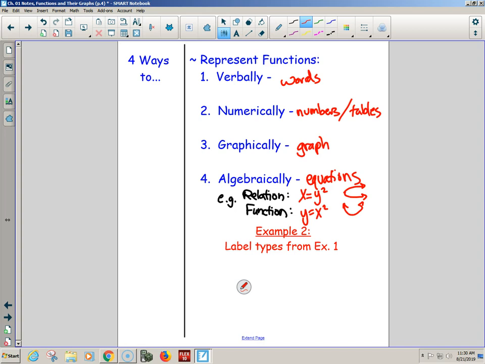So that might beg the question. For the graph, I can think vertical line test. Numerically, I can look for repeated x's and see if they go to different y's. Verbally, I want to make it look like a table or a graph. So how could we algebraically see if it's a function? Maybe just get really good at knowing what all equations look like.